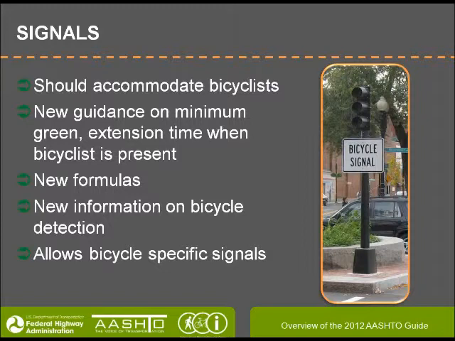There's new guidance on minimum green and extension time when bicyclists are present, and new formulas throughout this section that traffic engineers and signal engineers will need to understand. And we will go into more information on this section of the guide in the webinar.